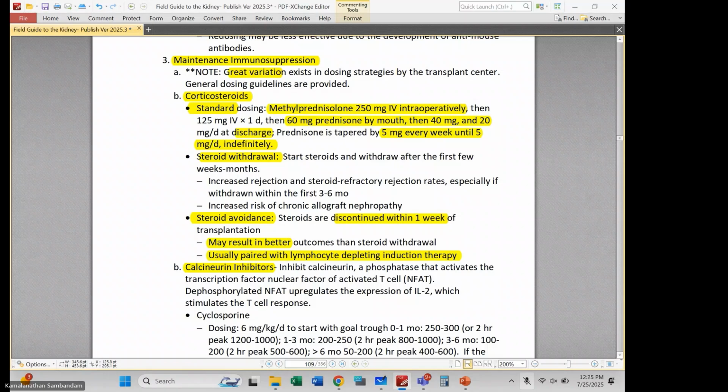So with steroid avoidance, it's clear you have higher rates of rejection. Those rejections can typically be reversed readily. And in that randomized controlled trial, if you were randomized to steroid avoidance and you had a rejection, you were placed on steroids. Okay, so you move from a steroid avoidance to a standard protocol.